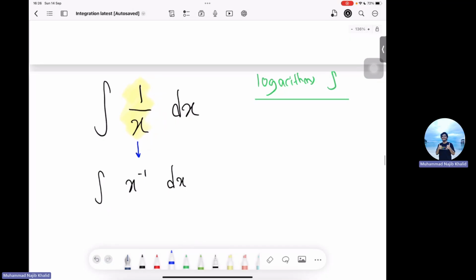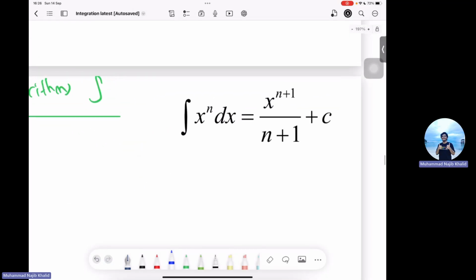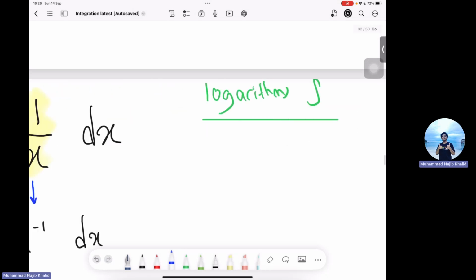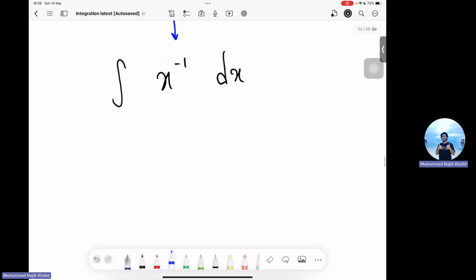Then we apply the formula for ax^n, which is x^(n+1) over n+1. In this case, our n is minus 1.